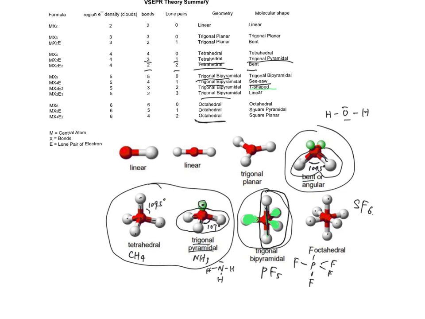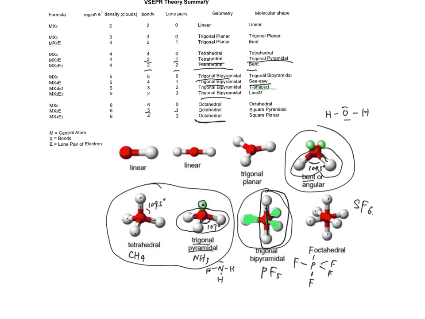If they're all bonds, it's octahedral shape. If there are 5 bonds and 1 lone pair, you realize all 6 positions here are actually equivalent to each other if you just spin the octahedral shape around.